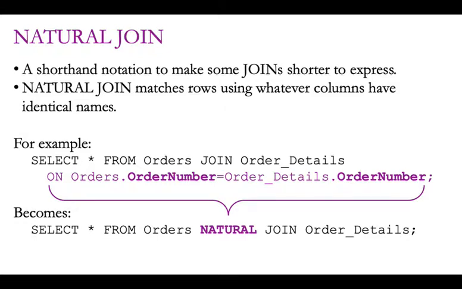So this allows you to make some nice short queries, because eventually we're going to start to have queries that are like 8 lines long. It just gets really messy and somewhat hard to understand. Anything we can do to make it shorter makes our life easier.